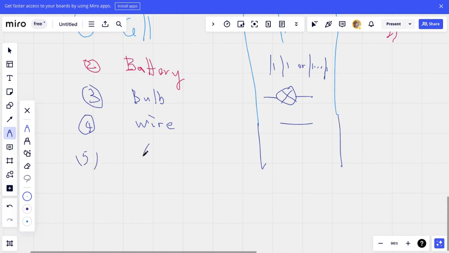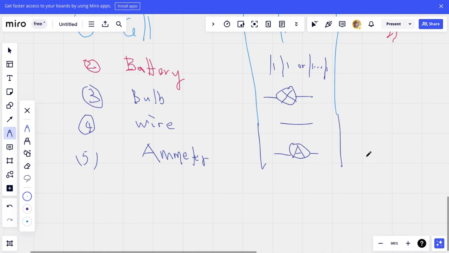Then number 5, we have the ammeter. What is an ammeter used for in a circuit? It is used to measure current. You draw a circle for the ammeter, and then you put a capital letter A in the circle, and then you can show the wire continuing like this.